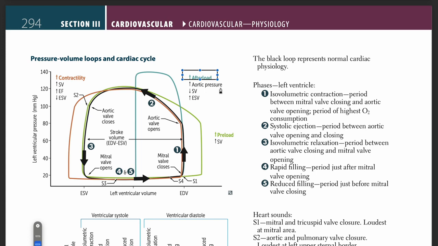Because that's basically the systemic pressure, and the stroke volume is going to be decreased since there is total increase in total peripheral resistance. For example, your stroke volume decreases in that, and then you have increase in end systolic volume. At the end of systole, there will be fluid left, so there's increase in end systolic volume. When you have this increase, that's what that means. Decrease in stroke volume, increase in end systolic volume, and increase in aortic pressure.